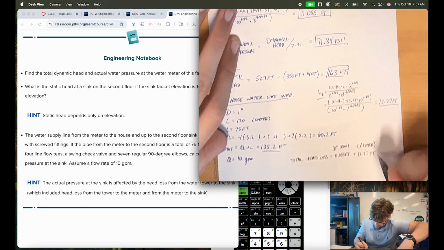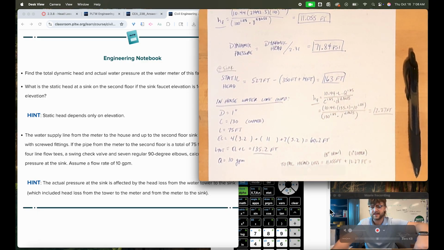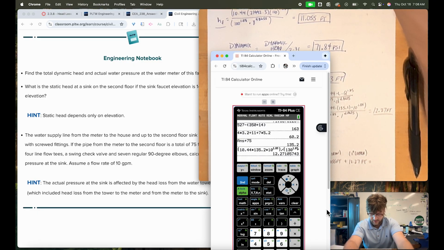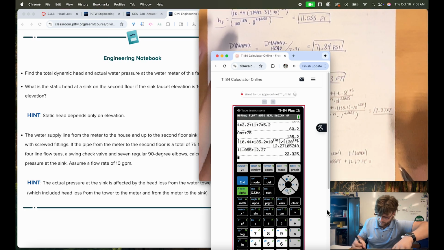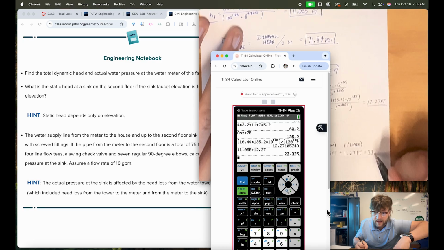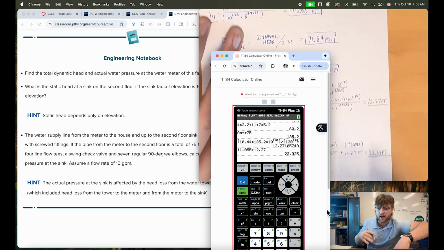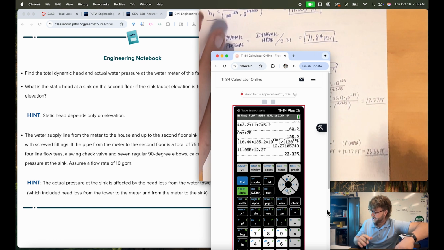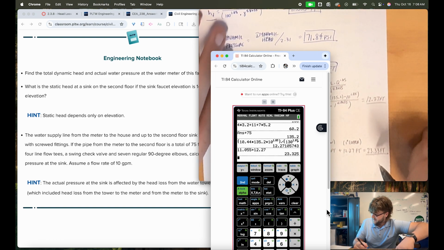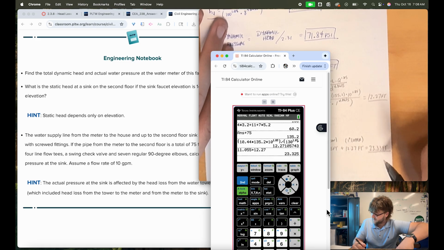Then we determine the total head loss by adding these up. Taking the 11.055 plus that 12.27, we end up with 23.33 feet of water that is lost in total, right? And so quite a bit there.